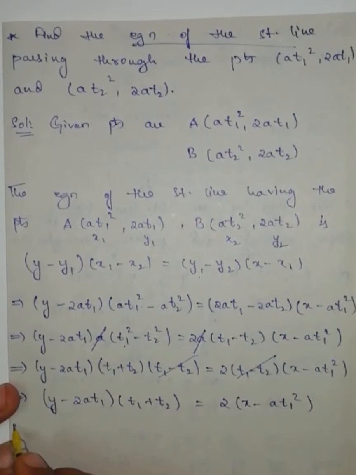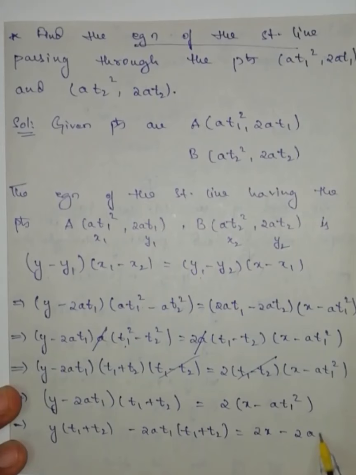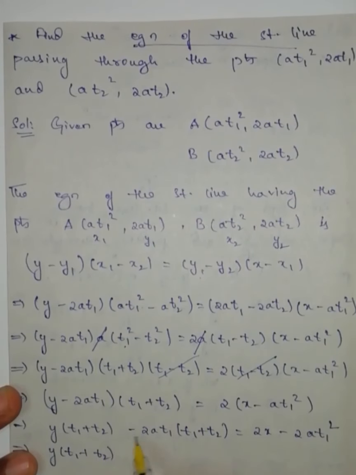Now I am going to multiply this one inside. y into t1 plus t2 minus 2a t1 into t1 plus t2. Here 2x minus 2a t1 square. This implies y into t1 plus t2. Now multiply this one, minus 2a t1 into t1 square minus 2a t1 t2 is equal to 2x minus 2a t1 square.